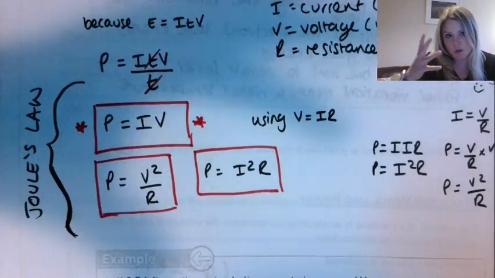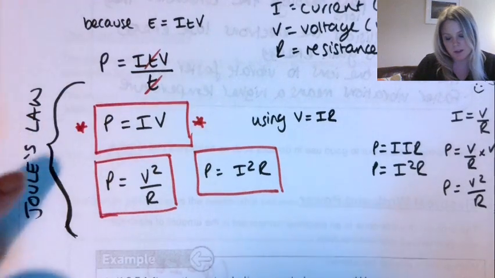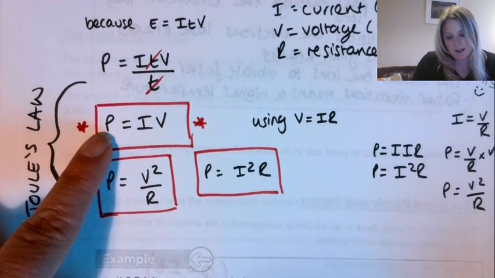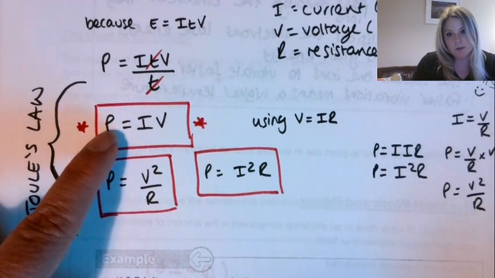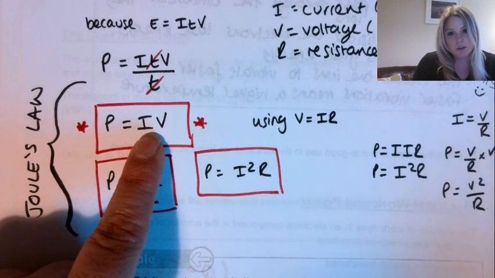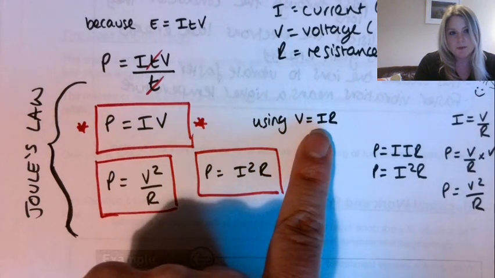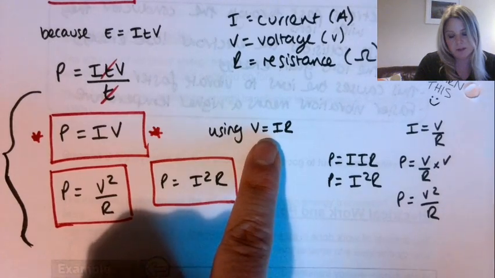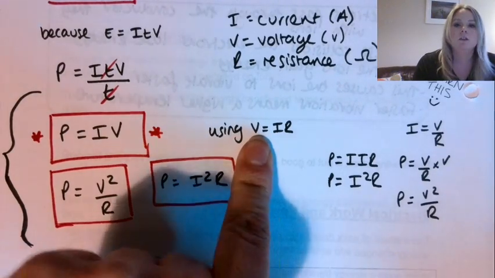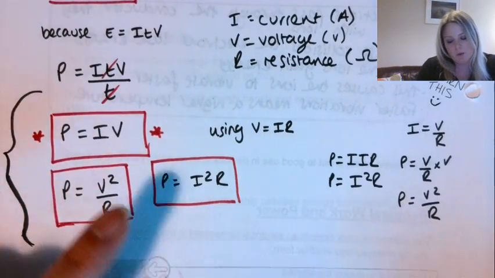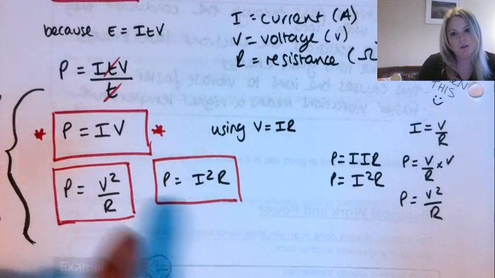However, then we went on and showed, and you can look back over your notes on this, that P equals IV. So the electrical power is equal to current multiplied by voltage, and then substituting in using V equals IR, we can end up with these other two versions.